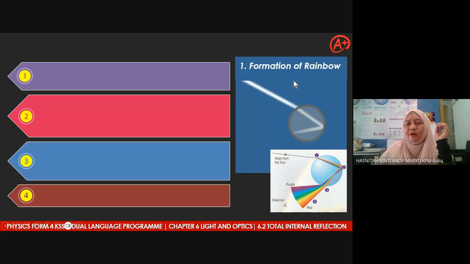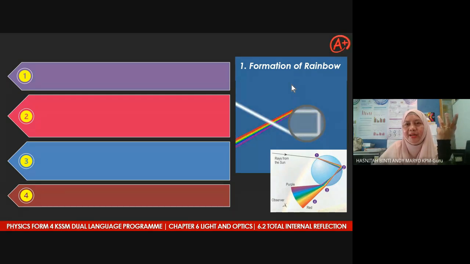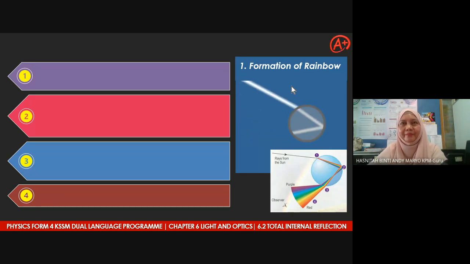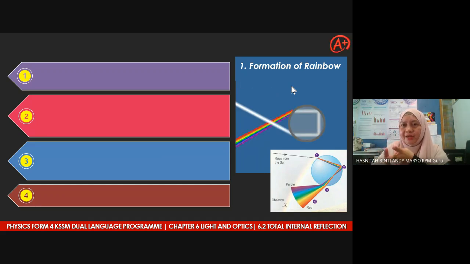First, formation of a rainbow. I believe you learned this earlier in lower form. Formation of a rainbow actually involves multiple phenomena: refraction of light, total internal reflection, and dispersion of light. First, refraction of light, when light travels from the air entering the raindrop.